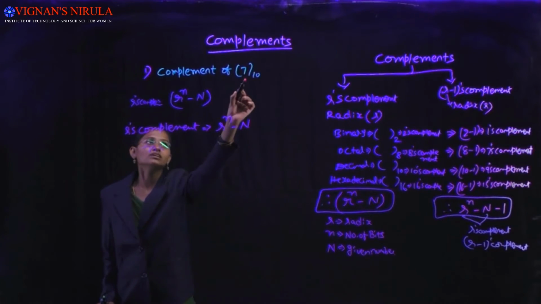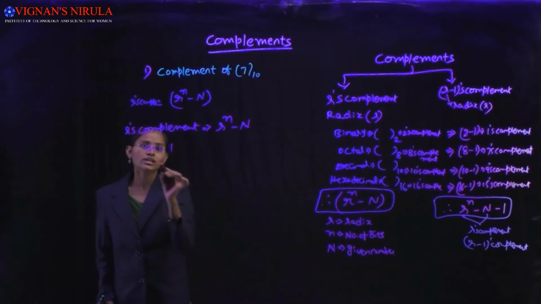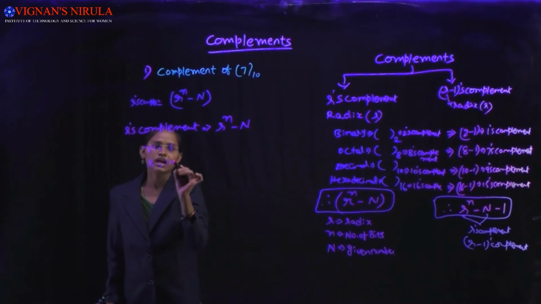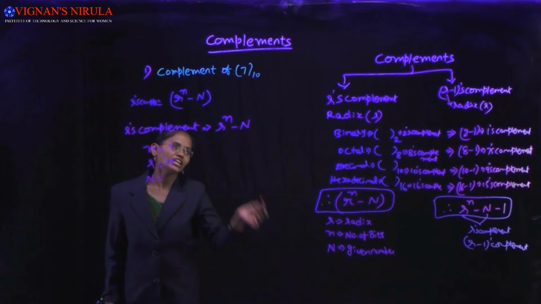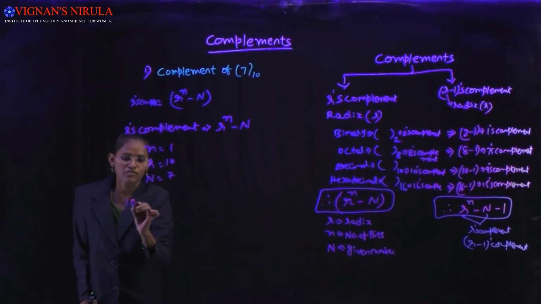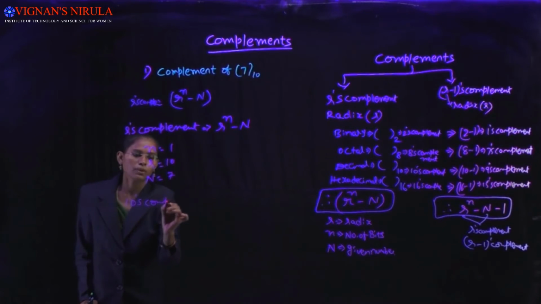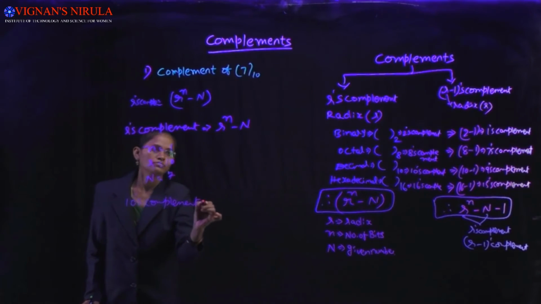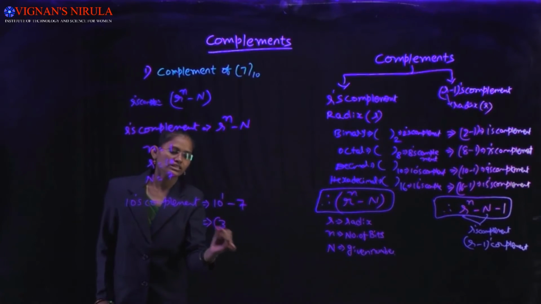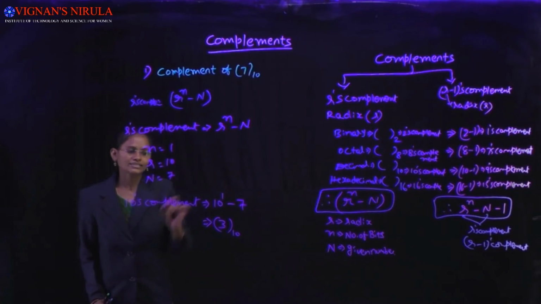The number of bits is only 1, and small r indicates the radix, here radix is 10, and capital N is the given number, that is 7. Substitute in the formula: 10 to the power of 1 minus 7. 10 minus 7 is 3. This is the R's complement.